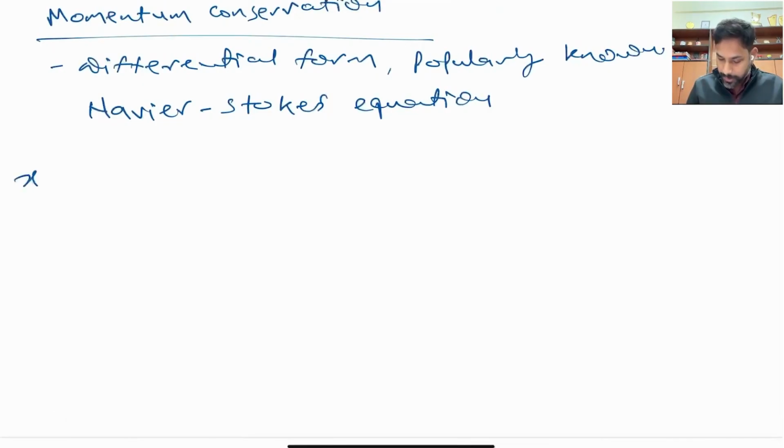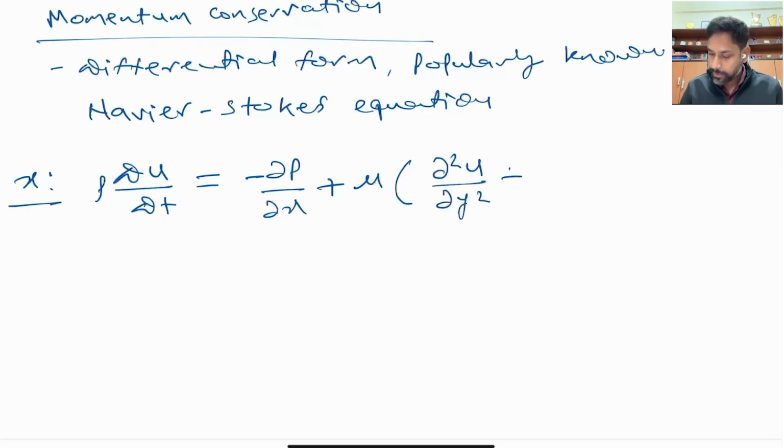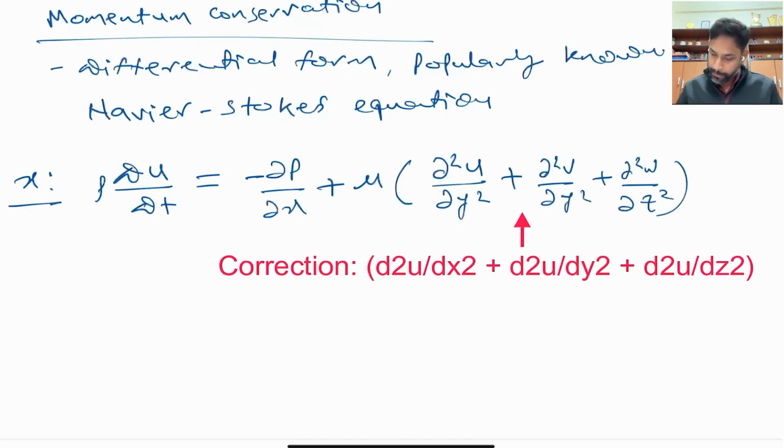So in x, it is written as capital D u by dt is equal to minus dp by dx plus mu times d square u by dx square plus d square u by dy square plus d square u by dz square, plus rho gx.